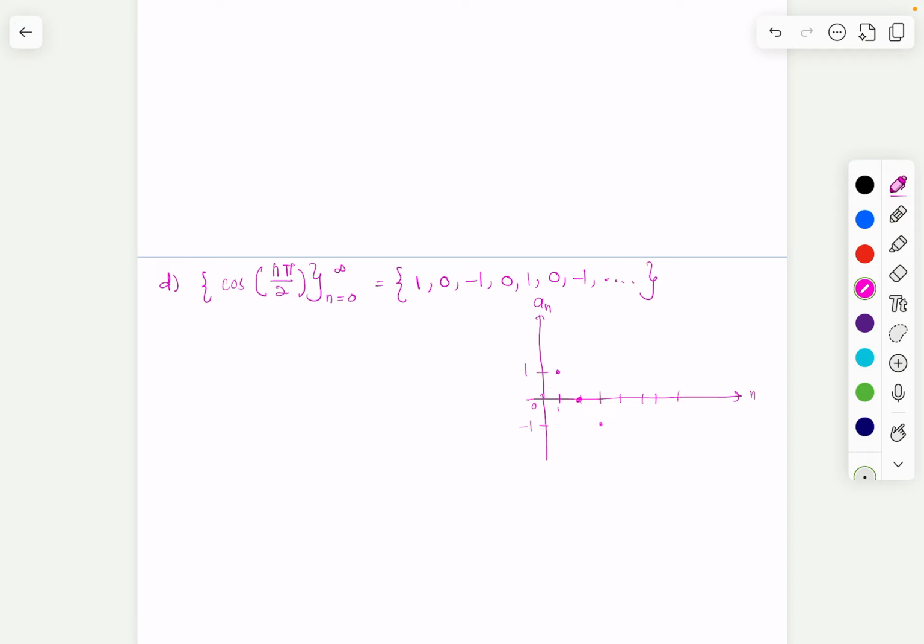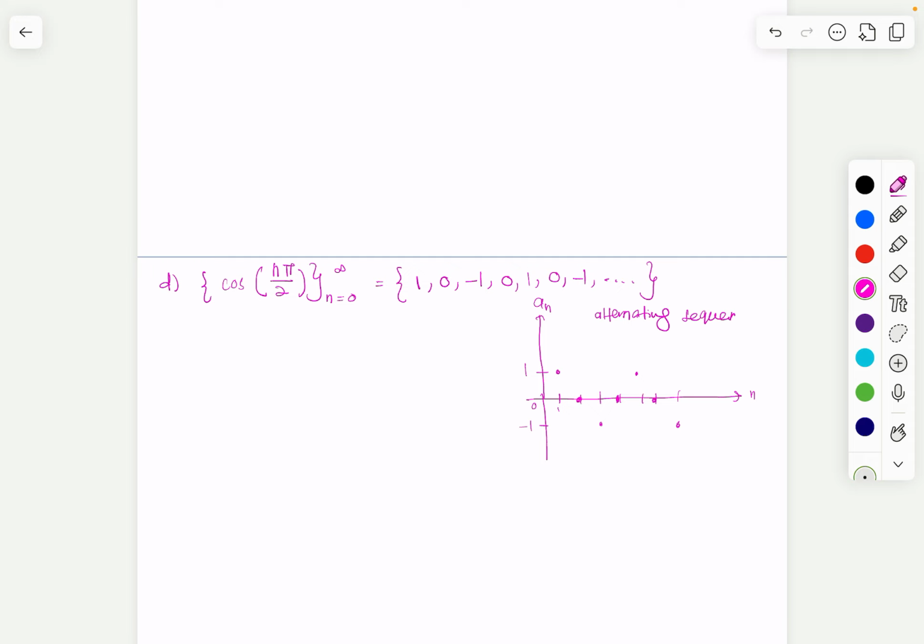Third term, negative 1, and then it goes back to 0, and then to 1, and then 0, and then negative 1. So you can see the pattern, it is alternating from 1 to negative 1, and in between is 0. So 1, negative 1, 1, negative 1, and so on. You can recognize at first glance that it is an alternating sequence.